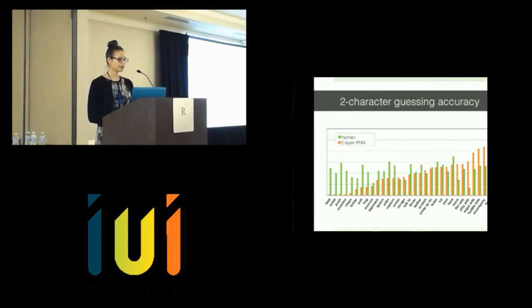So the two-character results actually provide a different picture. Here's the comparison between the human players and the best two-character model, which was the two-layer RNN. The average number of guesses across all actions was actually the same for the RNN and the human players. It was 2.1. Interestingly, the distribution in this graph reveals that there are a few actions that the model almost always gets right on the first guess.